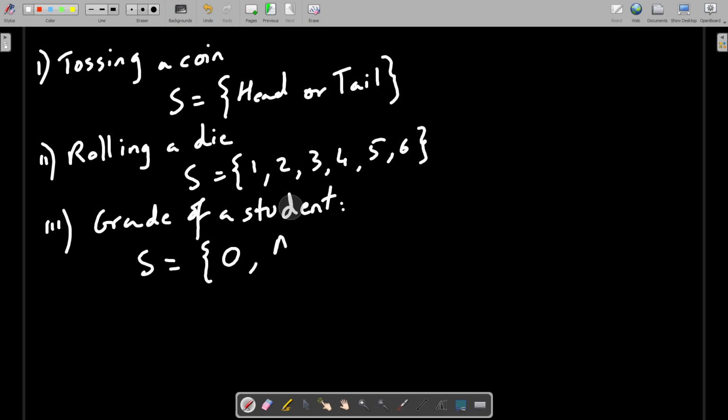It starts at O, then it goes to A plus, then directly F. I think so. There's an R also, right? R means you have to repeat it or something.